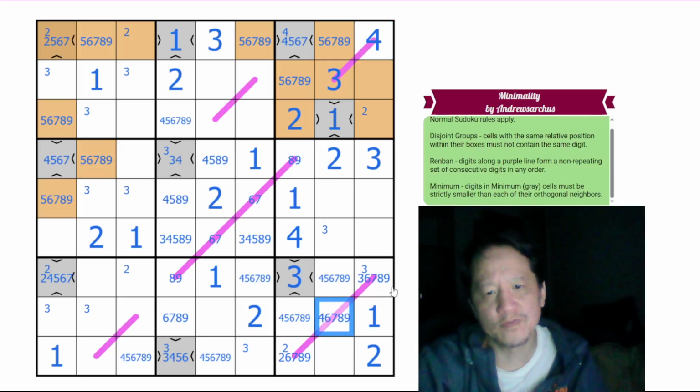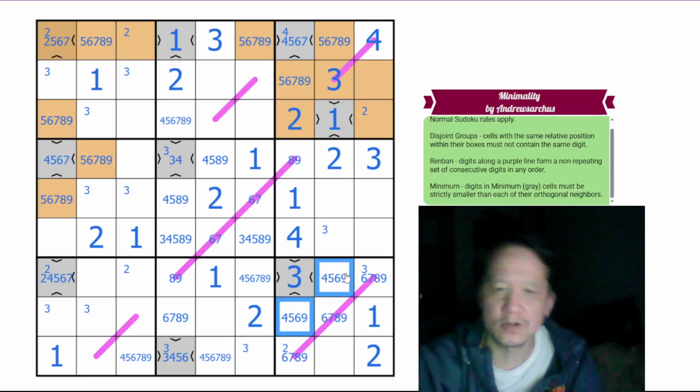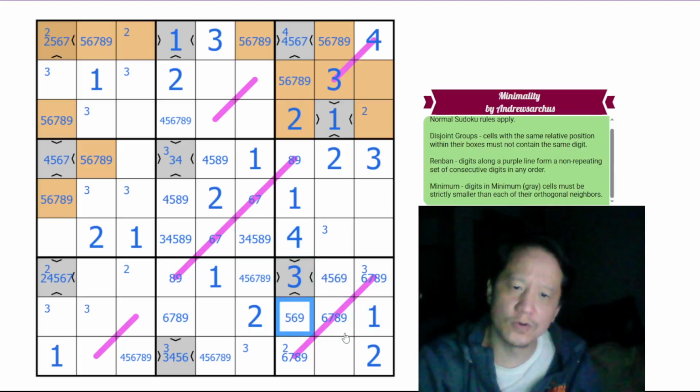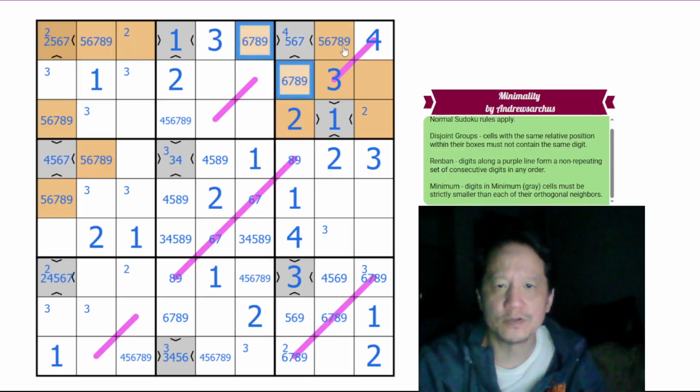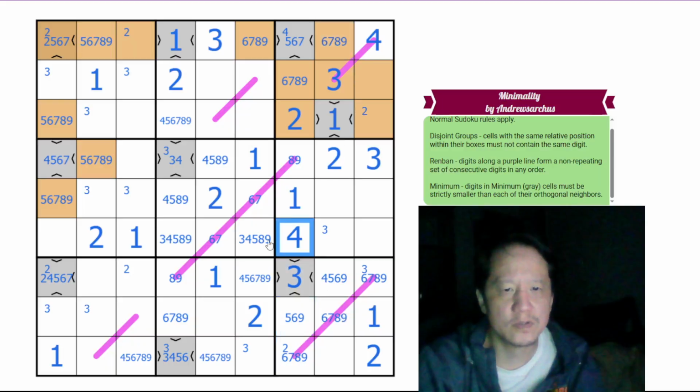This can't be 4. 7 and 8 here, so this cannot be 7 or 8 here. 4 eliminates 4 there. No 4 here. So no 5 in these spots. 3 eliminates 3 here, so that's 4.